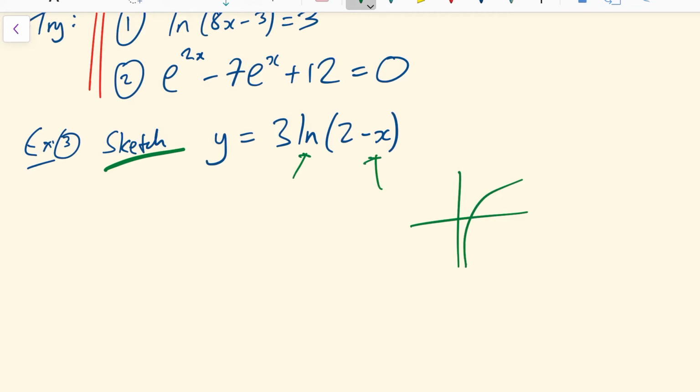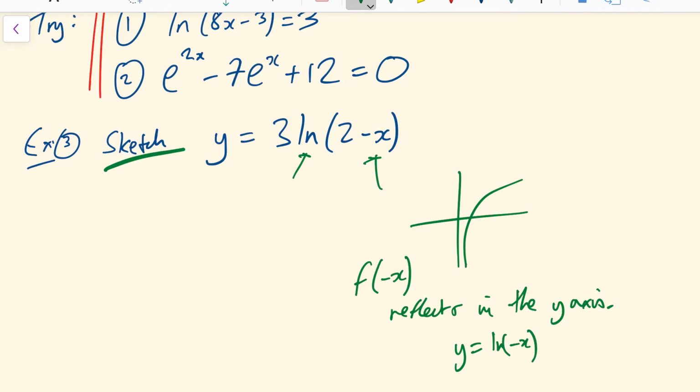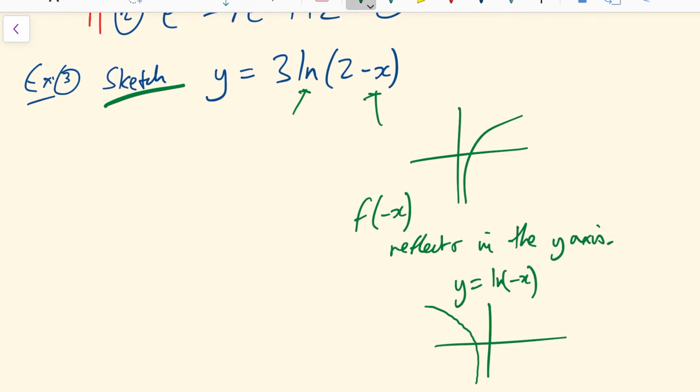However, because this is a ln which includes a minus x, that is using our transformation of this. And if you can remember, what this does is this reflects in the y-axis. Okay, so our y equals ln of negative x graph will reflect in the y-axis, and it will look like this.